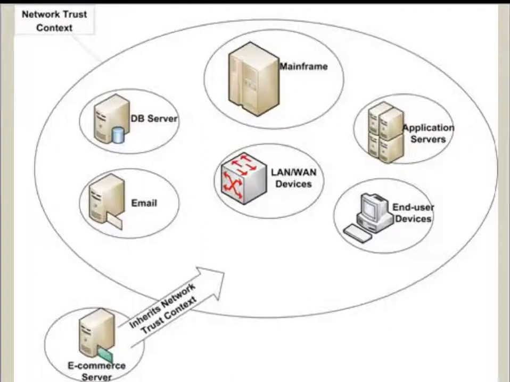On the other hand, if I take a server that has high trust and put it into a network segment with low trust, what does that do to the overall trust for that server? You took a high trust device, put it into a low trust network segment, and now you just raised the risk that that server will become a target.